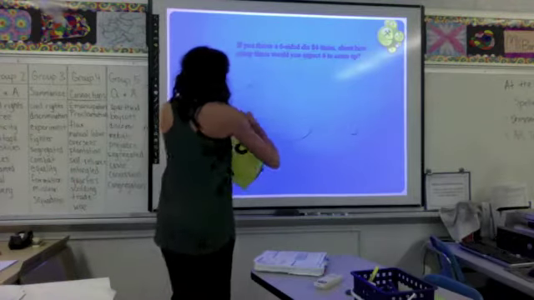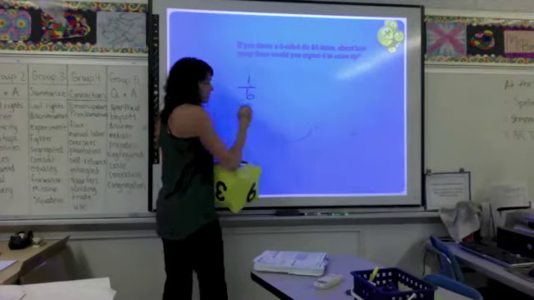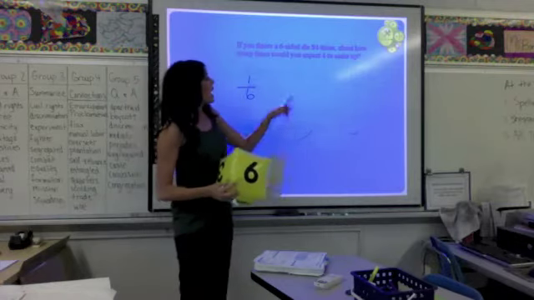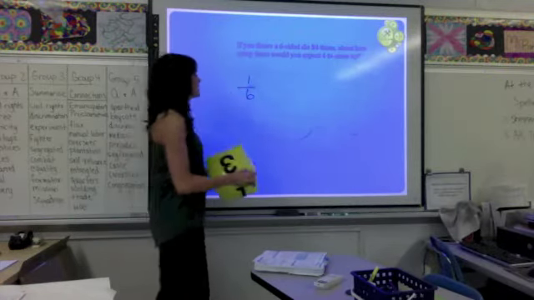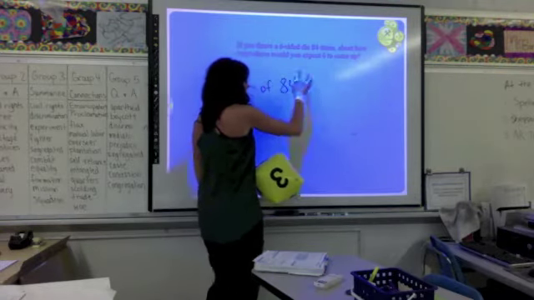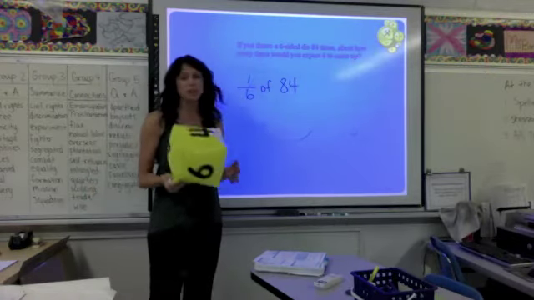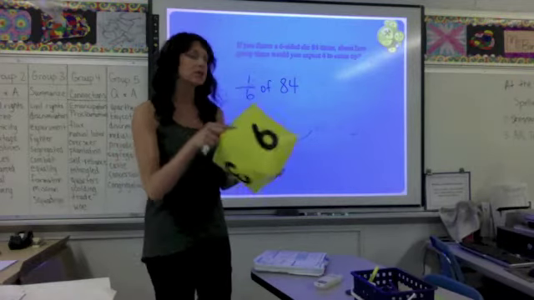So I know that 4 represents 1/6 of my whole. If I want to figure out how many times 4 would come up, then I would take 1/6 of 84. So 84 is my whole, that's what we're working with, and we need to figure out what is 1/6 of 84, because 4 is 1 out of 6 numbers on the die.